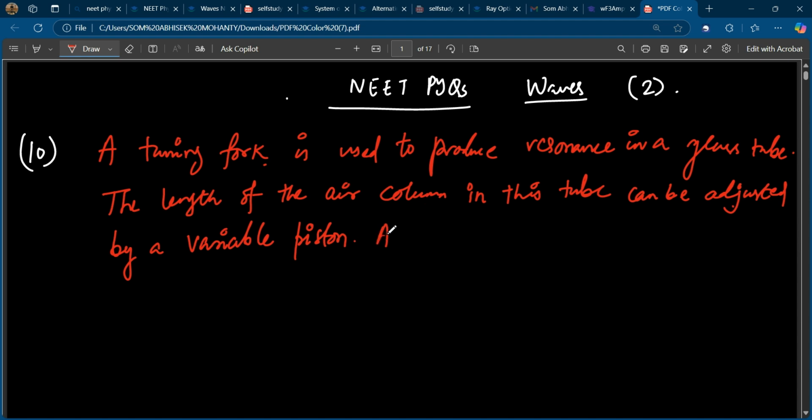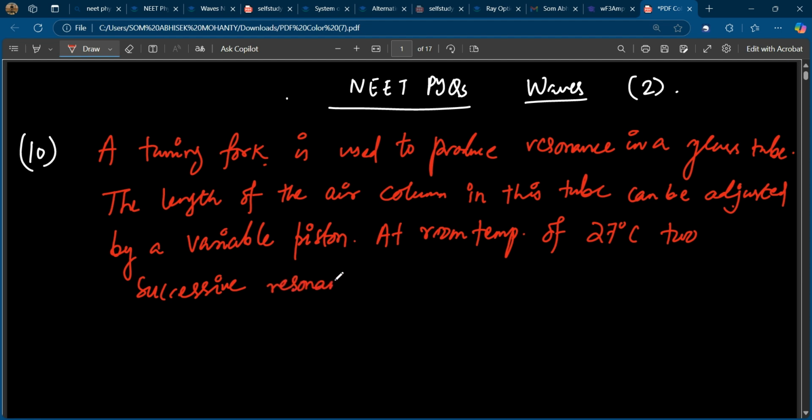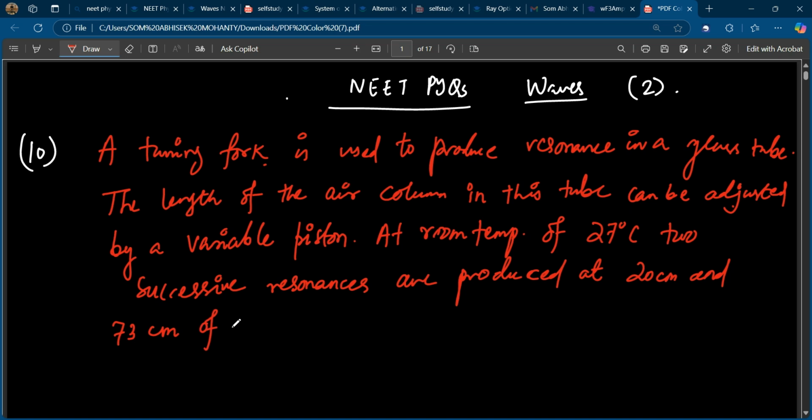At room temperature of 27 degrees Celsius, two successive resonances are produced at 20 centimeter and 73 centimeter of the column length.